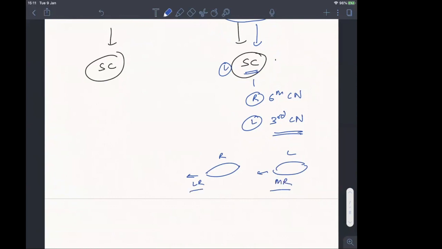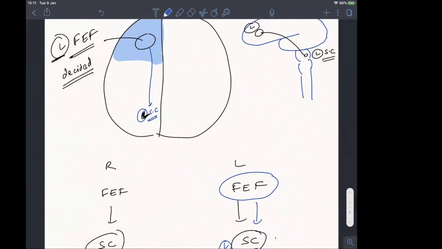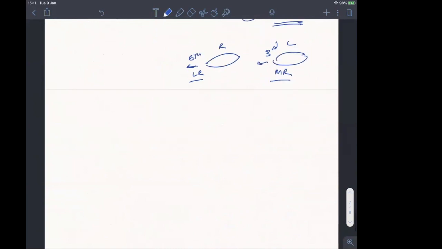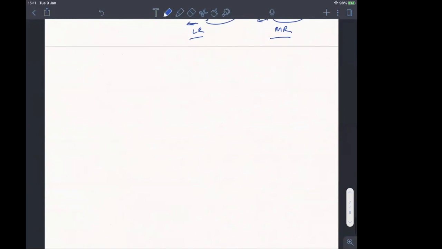That means that your right sixth cranial nerve and your left third cranial nerve have to act. The problem is that these are on two opposite sides of the brain, isn't it? So your right cranial nerve is on the right side of the brain and the left cranial nerve is on the left side of the brain. So all this will happen in the brainstem.